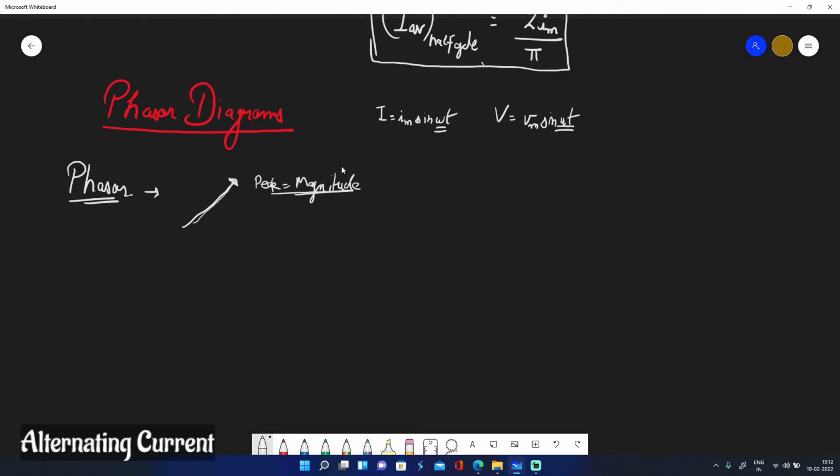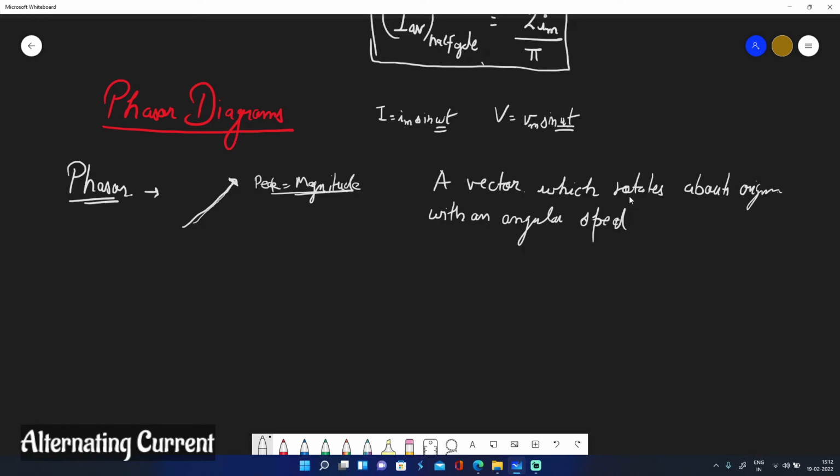According to the definition, a phasor is a vector which rotates about the origin in anti-clockwise direction. Depending on the phase angle, that is a different thing. A vector which rotates about the origin with an angular speed omega, which is your supply frequency, is known as a phasor.